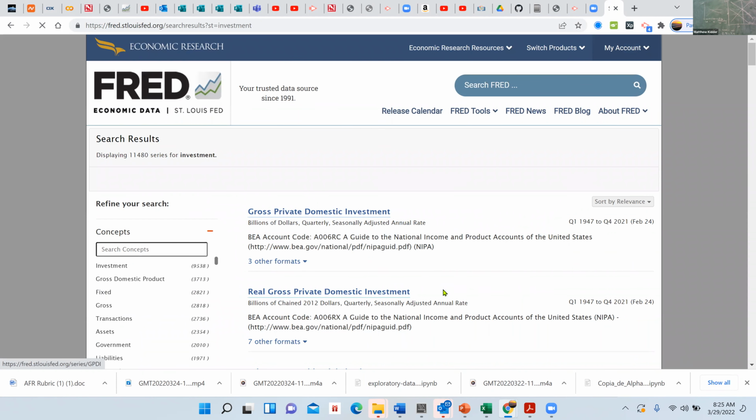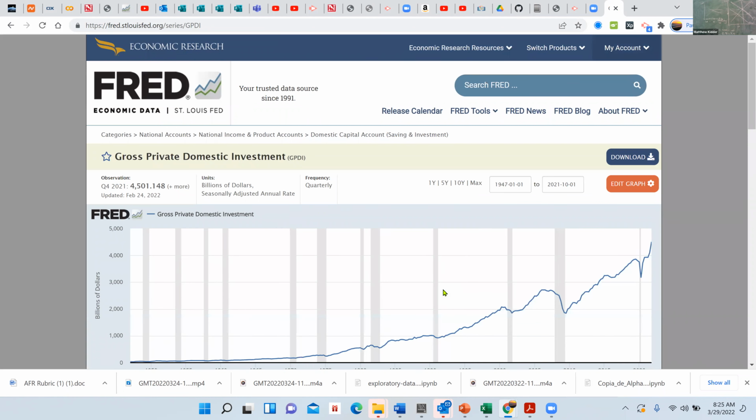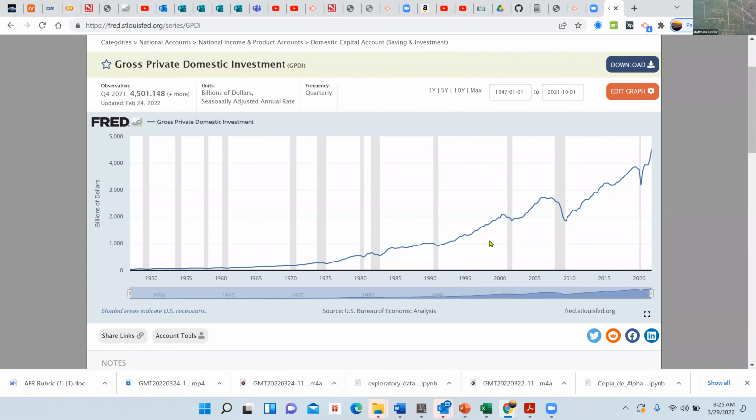Gross private domestic investment. Again, you see the pattern here is that it's dropping well before the recession starts. You see how this is all kind of working and playing itself out?